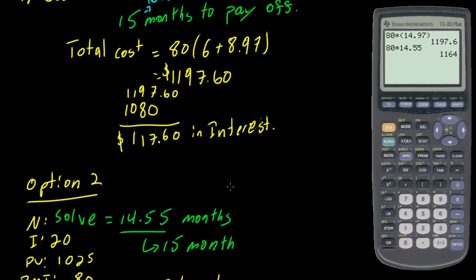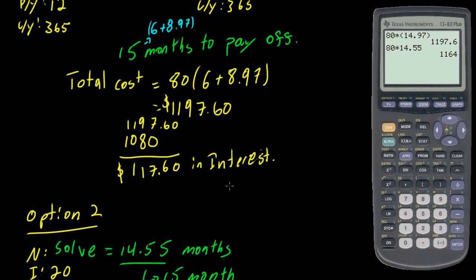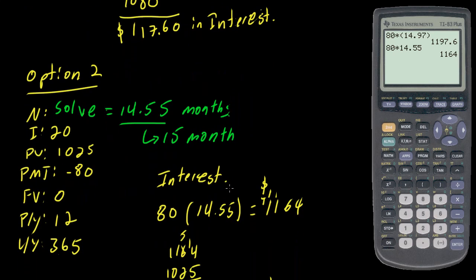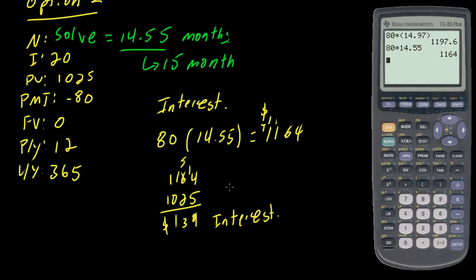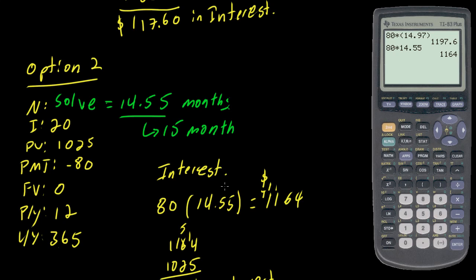But he wasn't paying as full a last month as the other one. Remember, the other one was that 0.97 in the last little one. This one, the decimal is only 0.55. So that last 15th payment is going to be a little less than before. His total cost is going to be $1,164, which is again a little smaller. But as expected, his interest is higher here. He has $139 of interest rather than the $117.